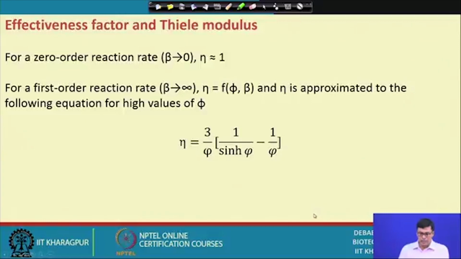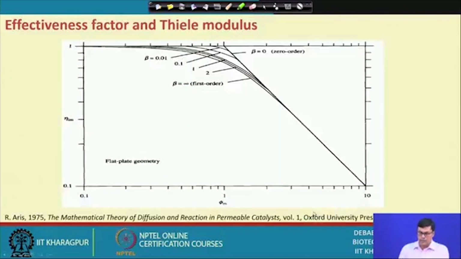Now in case of zero order reaction, beta tends to 0, then eta equal to 1, and eta can be correlated with phi modulus in this particular equation. This graph tells us the correlation between eta and phi value. This is phi modulus and this is effectiveness factor.